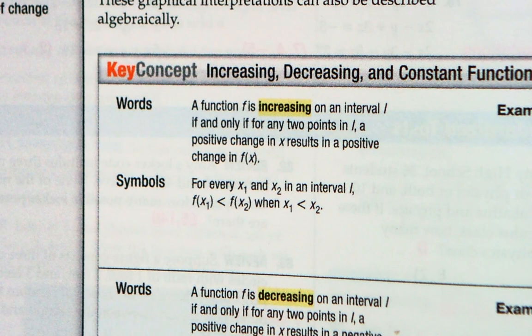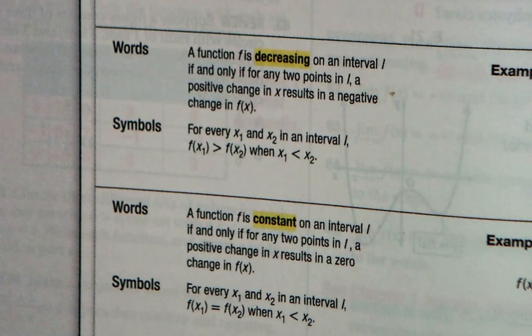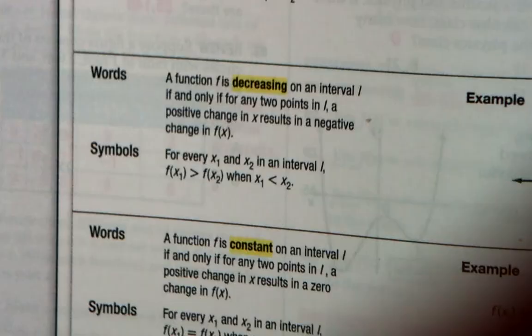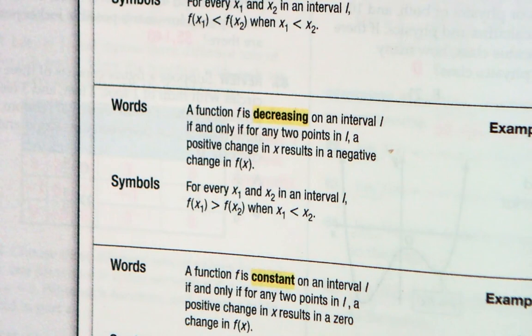You're going to have somebody up front that probably speaks a different language. Trust me, it's kind of weird. So let's look at the next one. For every x sub 1 and x sub 2 in the interval I, f of x sub 1 is greater than f of x sub 2 when x sub 1 is less than x sub 2. What does this mean?